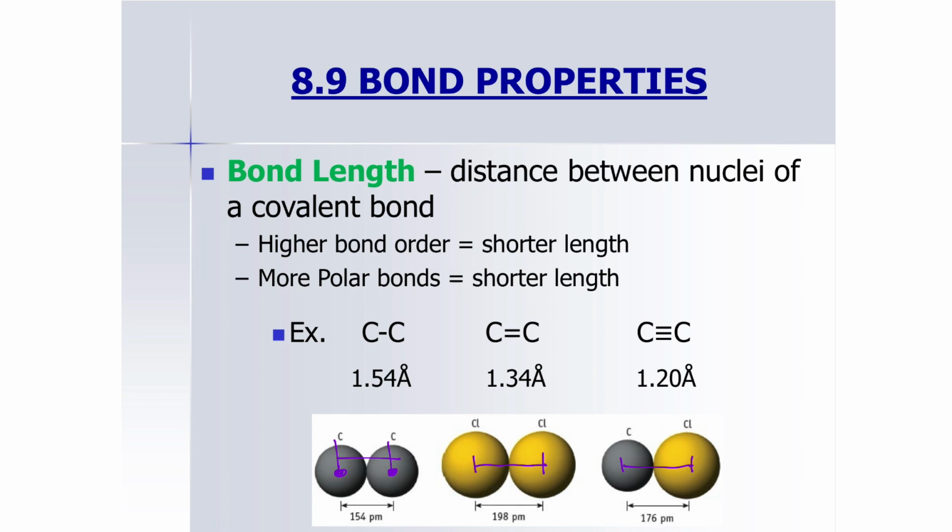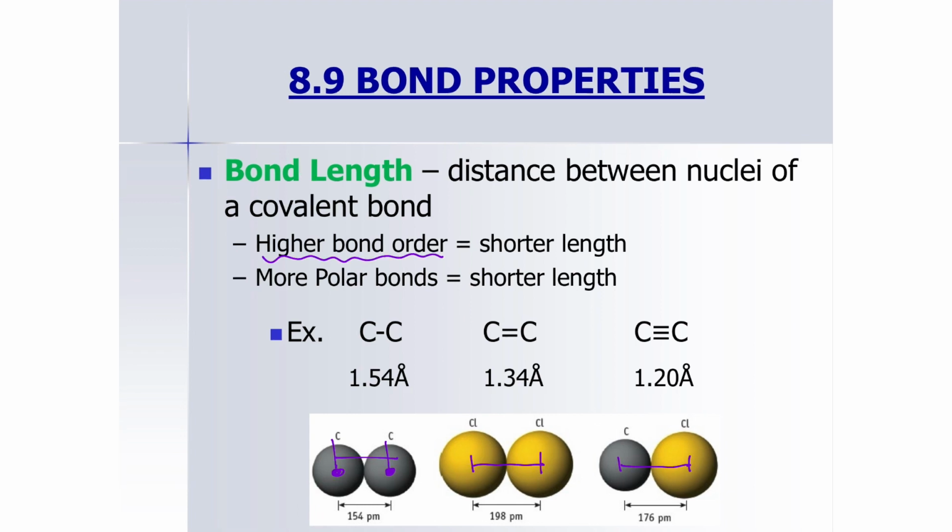Now, what we know is that the stronger the bond, the shorter the length will be. How do I know if the bond is stronger or not? Again, it's going to tie into that bond order. It's typically either a whole number, if it's just a regular single, double, or triple bond, or it could be fractional. But the bigger that bond order number, the stronger the bond, and therefore the shorter the length.